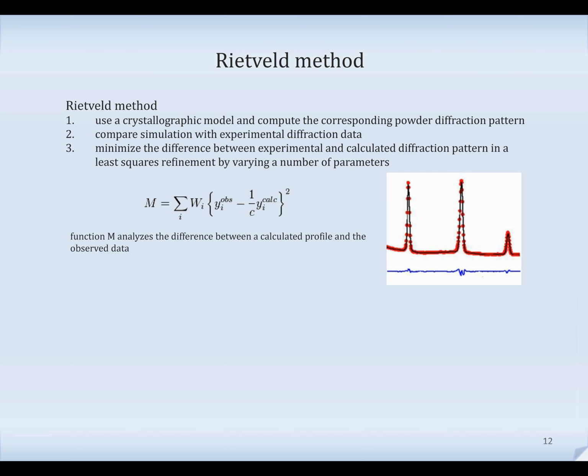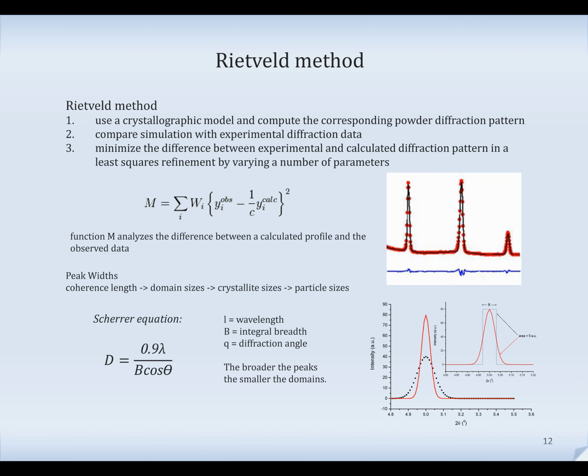To make this simulation, you have to know some model of the crystal structure. I mean, you have to know, say, the space group, unit cell parameters, some other parameters, and the software will simulate the pattern, and then, changing different parameters, the system will try to minimize the difference between these experimental and simulated patterns.